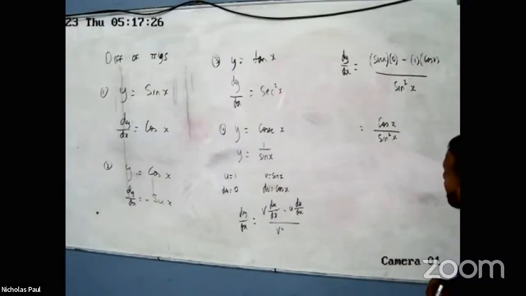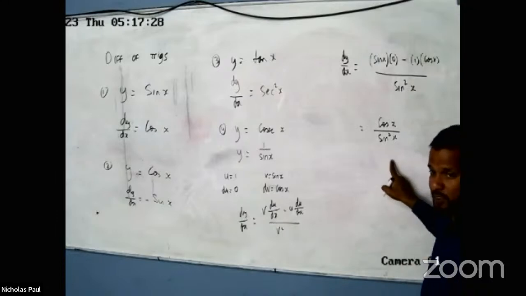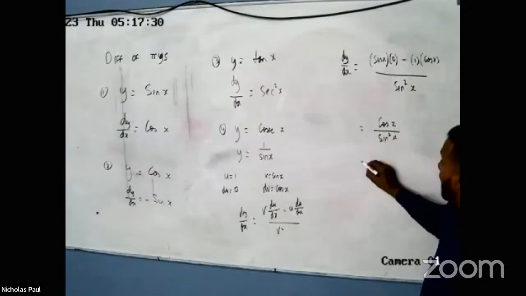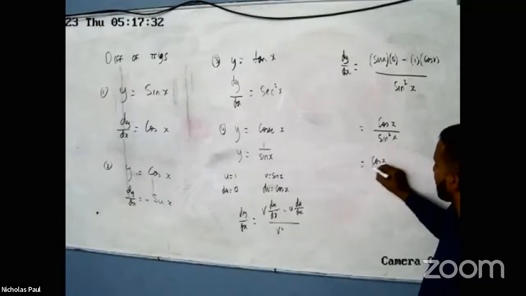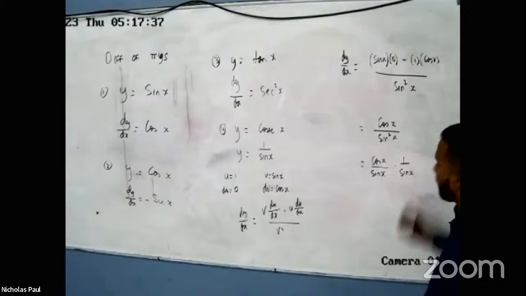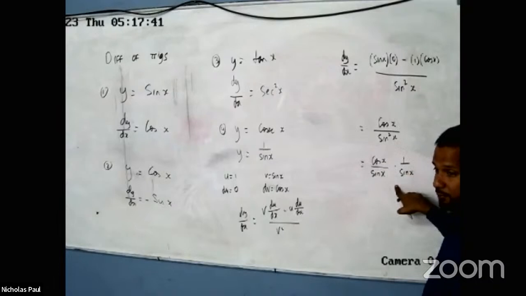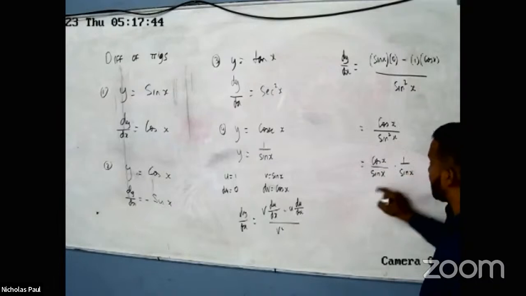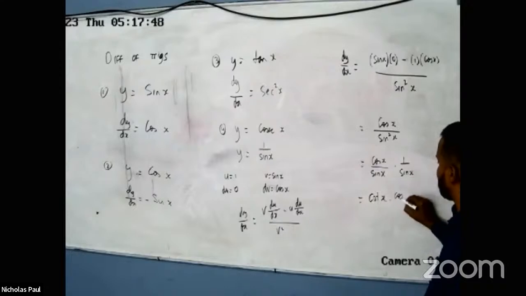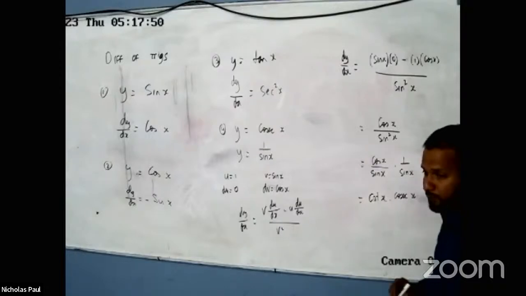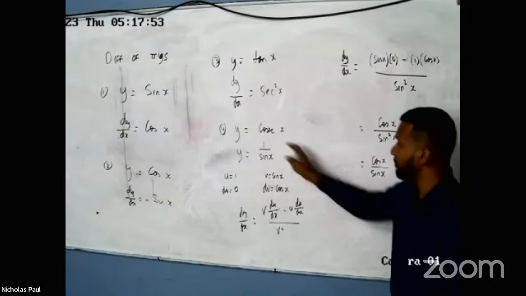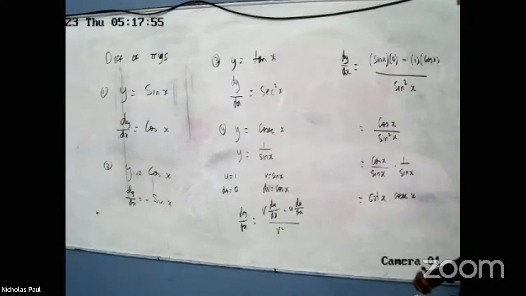Which is the same as what? Watch this. I can break this up as cos x over sine x, times 1 on sine x. So this is cot x, and this is cosec x. So the differential of cosec x is minus cot x cosec x.